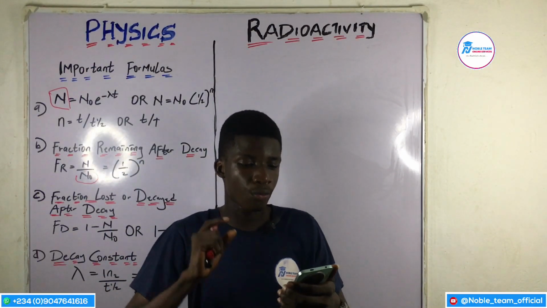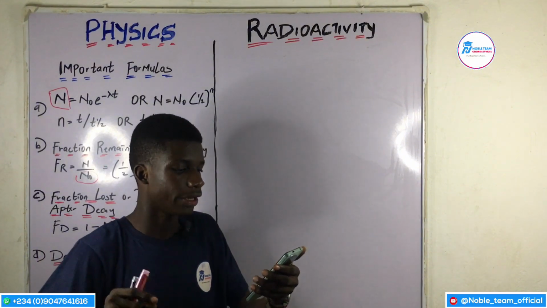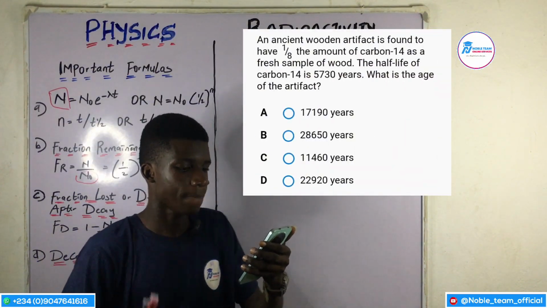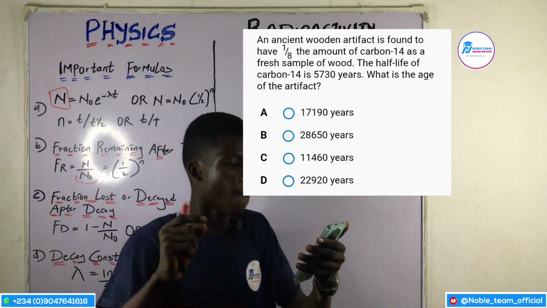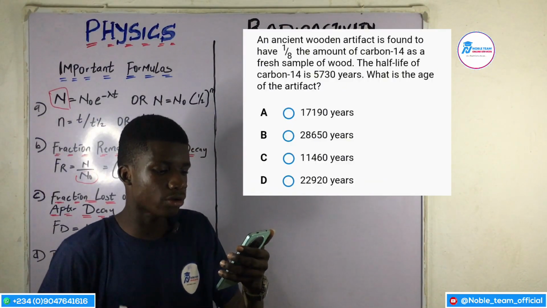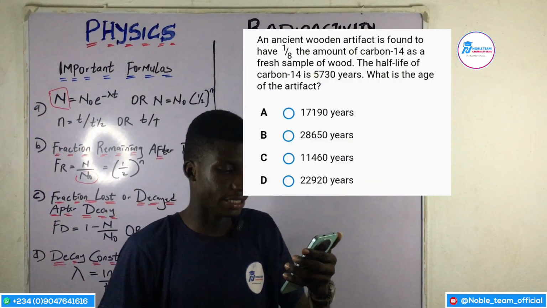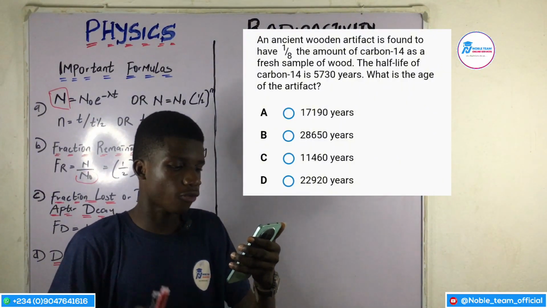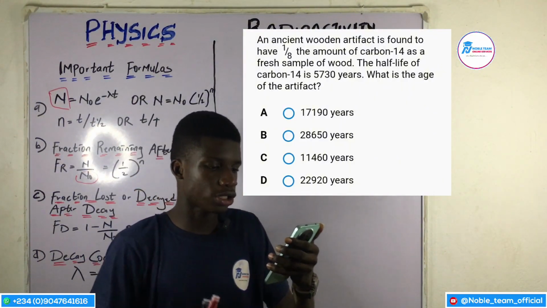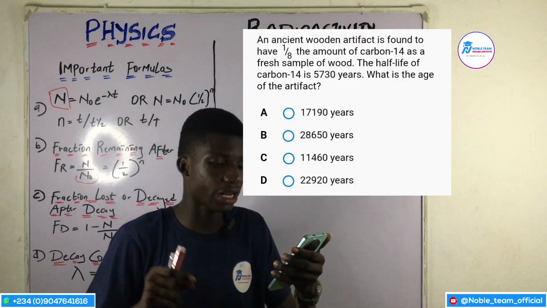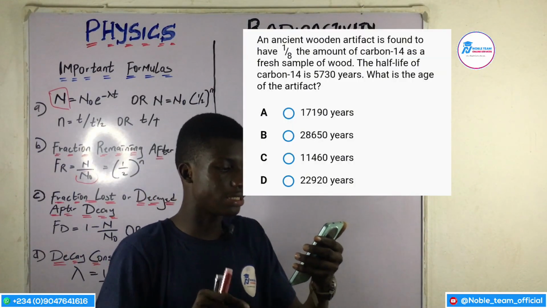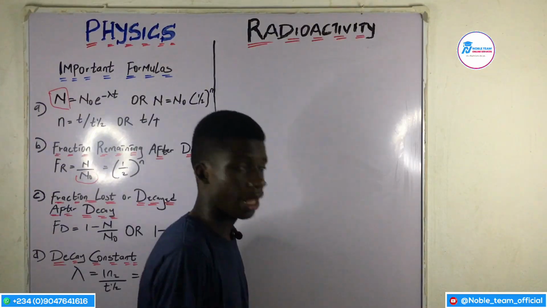Now question 6 will appear on your screen. An ancient wooden artifact is found to have 1/8 the amount of carbon-14 as a fresh sample of wood. The half-life of carbon-14 is 5,730 years. You are asked to get the age of the artifact. Now let's solve.